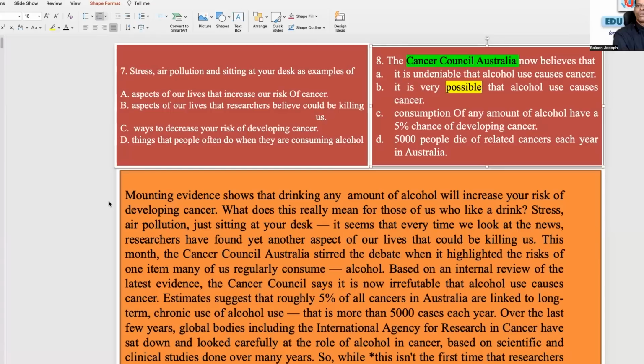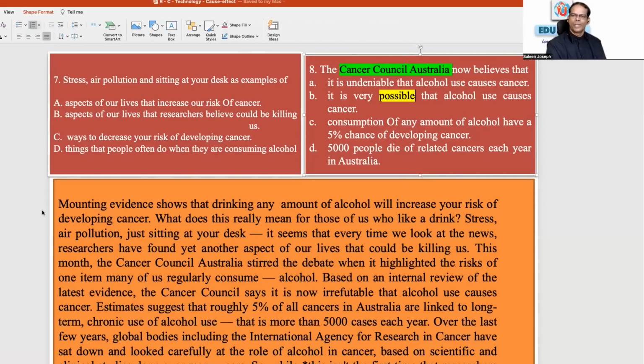Then, consumption of any amount of alcohol has a 5% chance of developing cancer. No, it shows any amount of alcohol will increase the risk. Now, next one. You can argue. They say roughly 5%. Roughly is a scale.